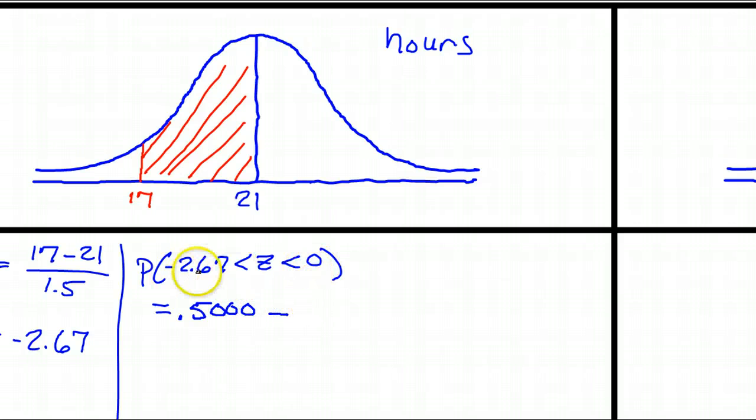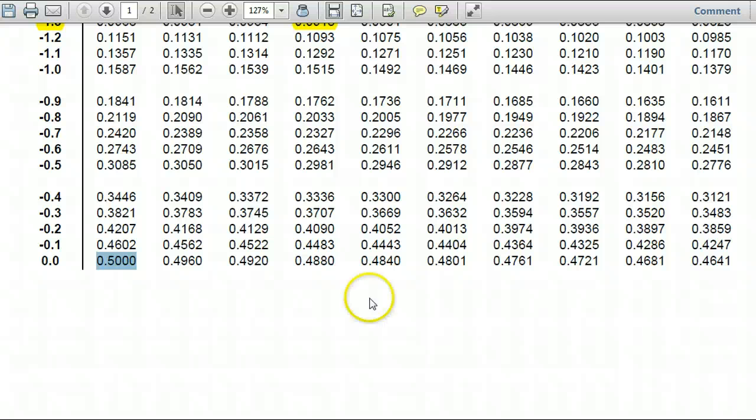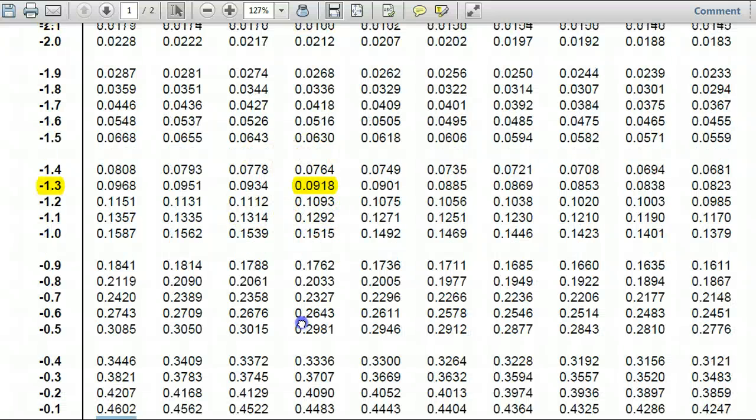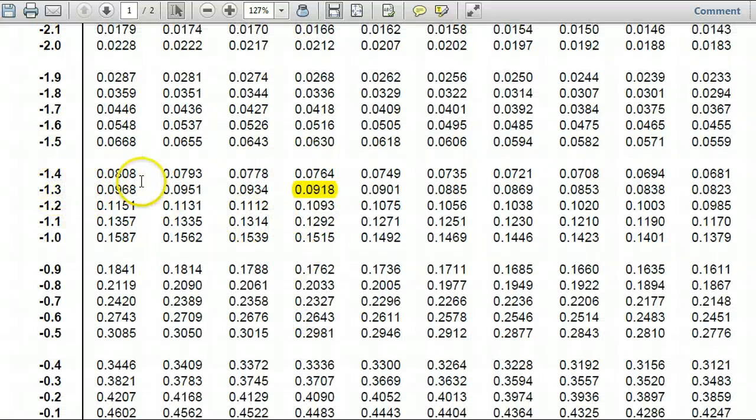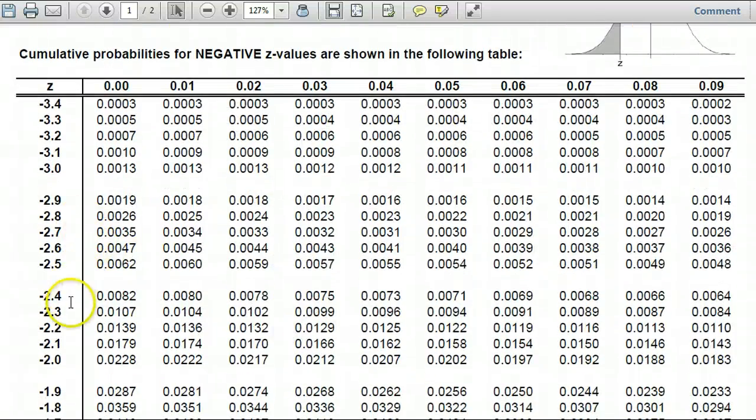minus, okay, now we will look for the proportion to the left of negative 2.67. We're going to be finding this little white area here if you want to be accurate about it. So negative 2.67, hold on, let me delete some of this trash. Okay, so here's negative 2.6. So we need negative 2.67. So this is negative 2.60, 1, 2, 3, 4, 5, 6, 7.